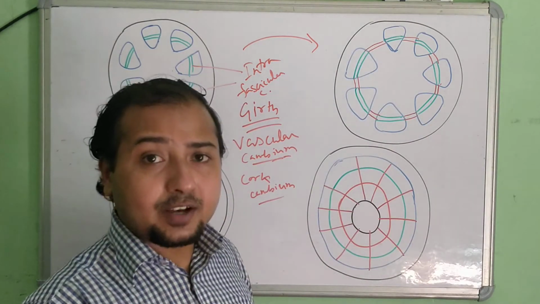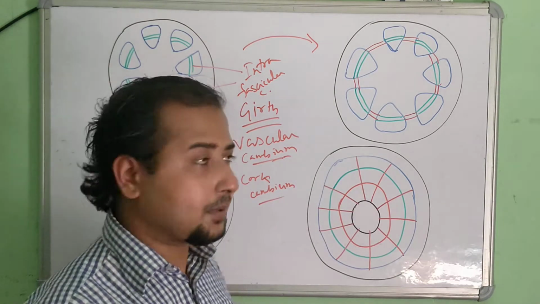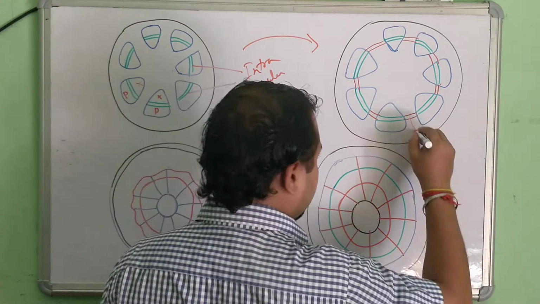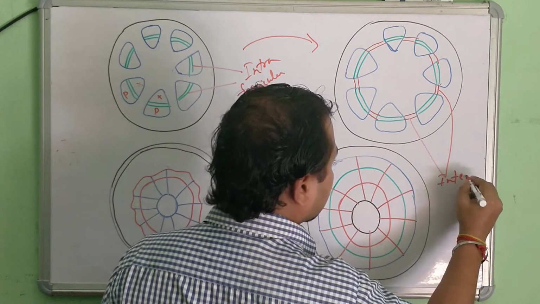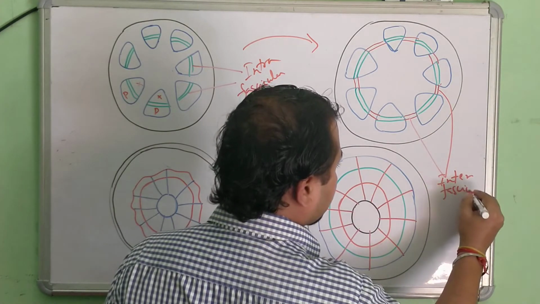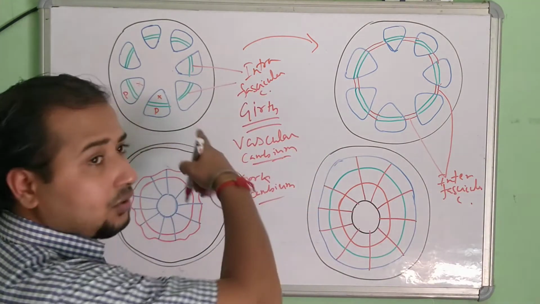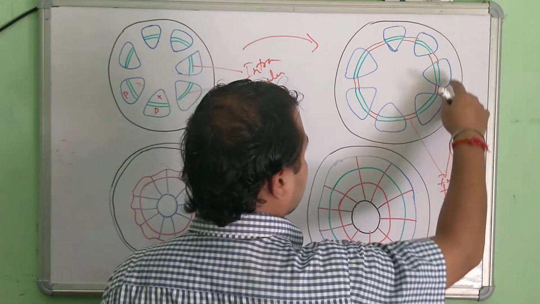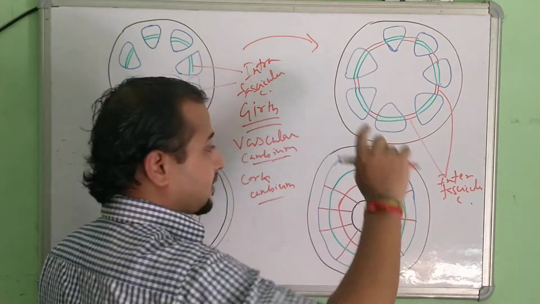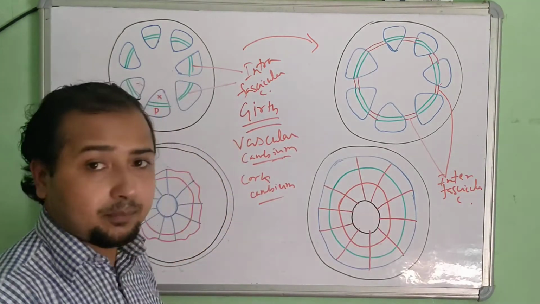Outside of the vascular bundles, these are known as interfascicular cambium. So intrafascicular cambium is inside the vascular bundle, and the cambial lining outside of the vascular bundles, in between them, is called interfascicular cambium.